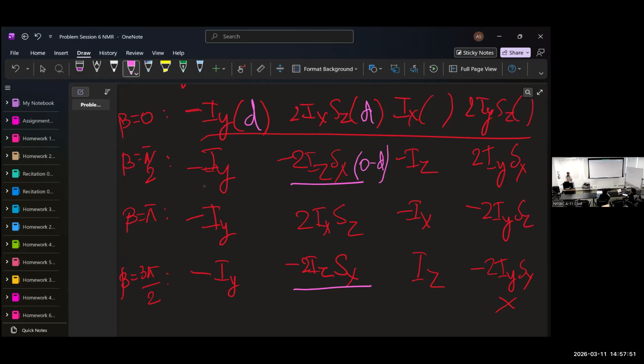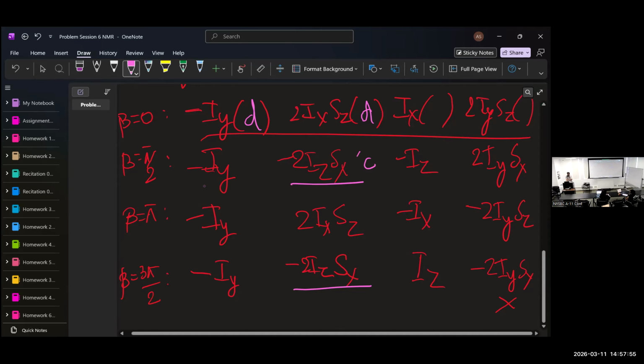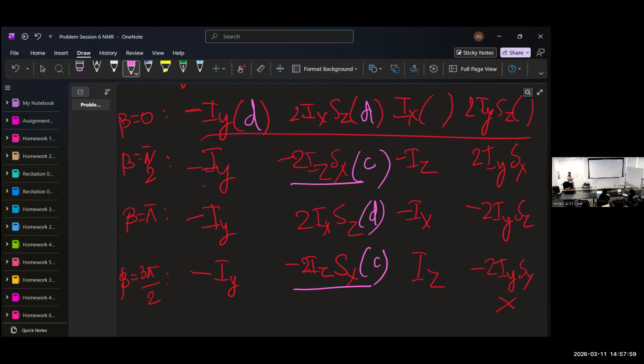Those are the cross peaks. Correct. And then the diagonals. I mean, the terms at the end don't matter.